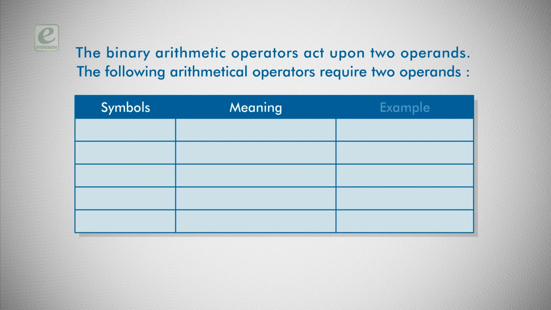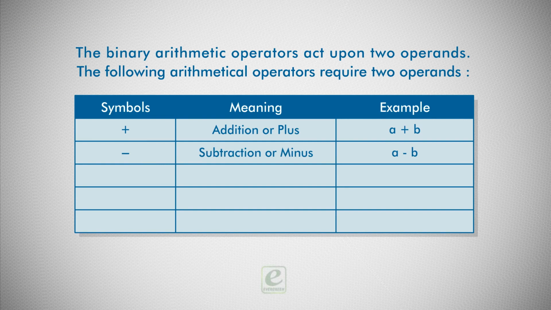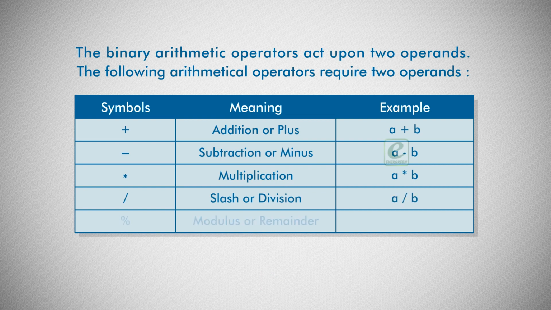Symbol, meaning, example: addition or plus, a + b; subtraction or minus, a - b; multiplication, a * b; slash or division, a / b; modulus or remainder, a % b.